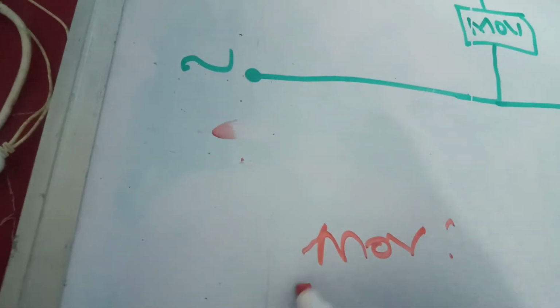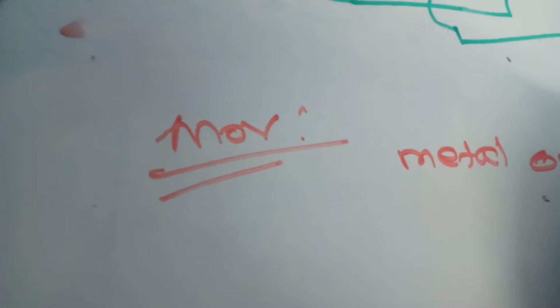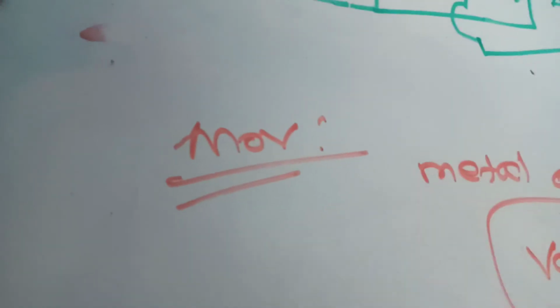What is an MOV, how does it work? MOV is a metal oxide varistor. Already we have explained the circuit clearly, I think.